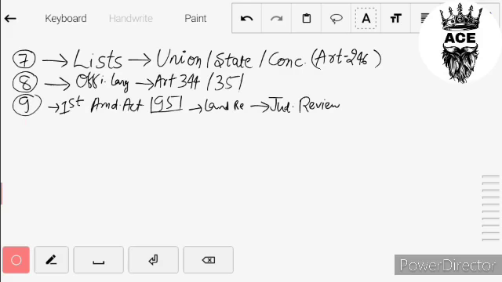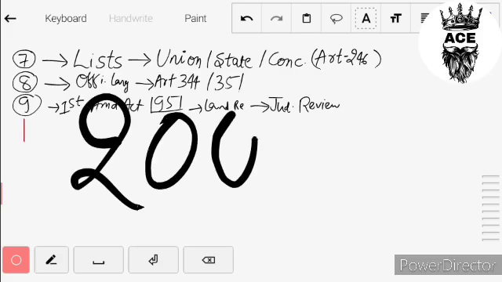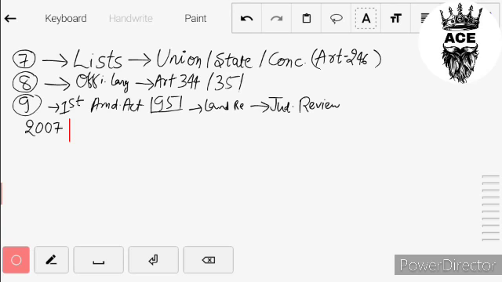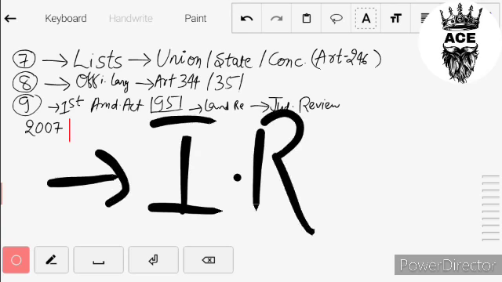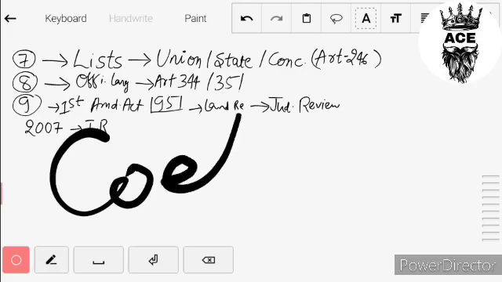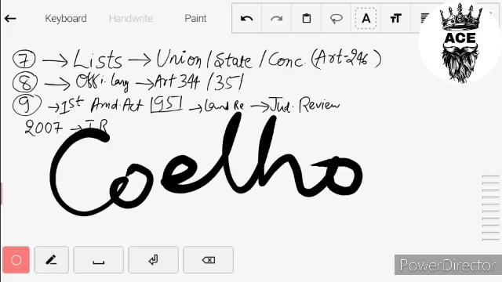But there was a landmark judgment in 2007, in the IR Coelho case. You can mark this name, it would be asked in your examination.